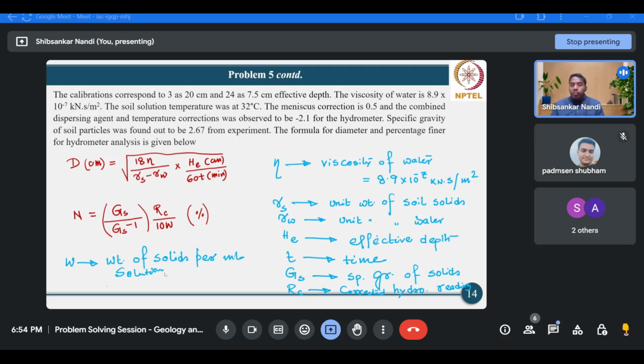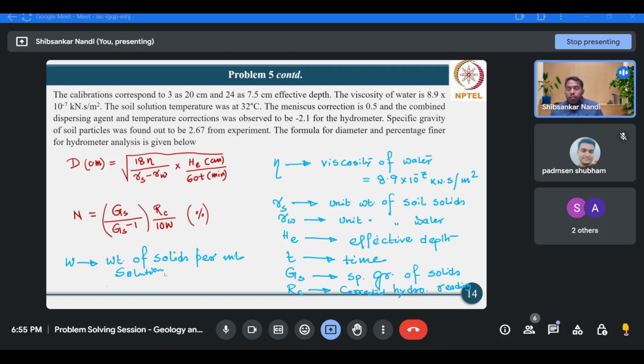At the same time, I would request you to please be careful about the unit systems involved in these equations. That is very essential. Otherwise, you will end up with wrong answers or an incorrect estimate of the particle size and the percentage finer.